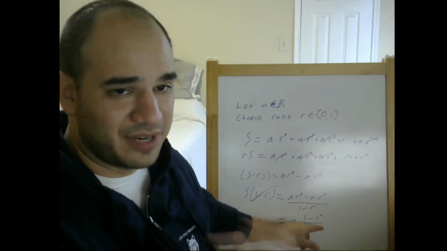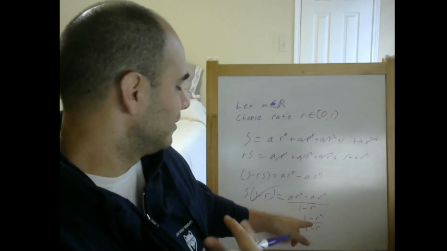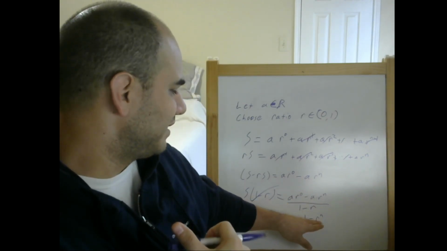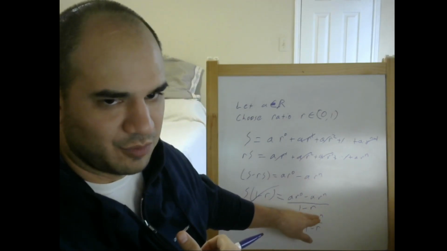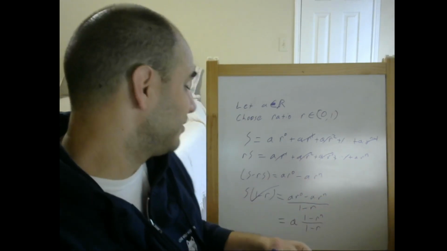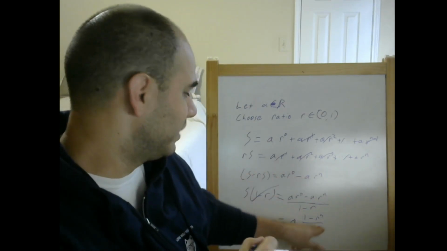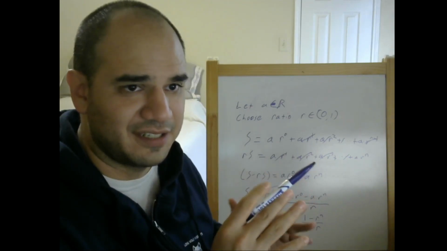If r is greater than or equal to 1, that's because this term won't go away. But if it's less than 1 and n goes to infinity, then something that's between 0 and 1 raised to infinity is just going to vanish.